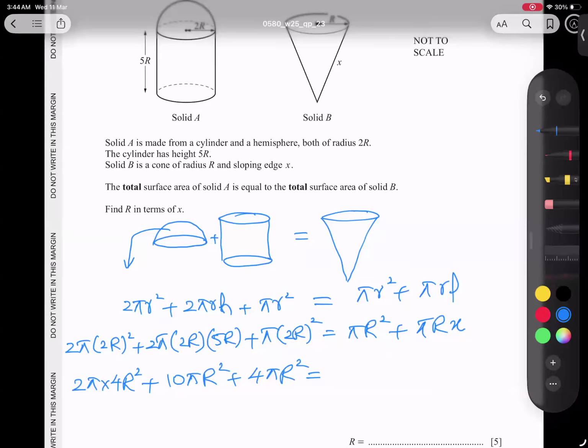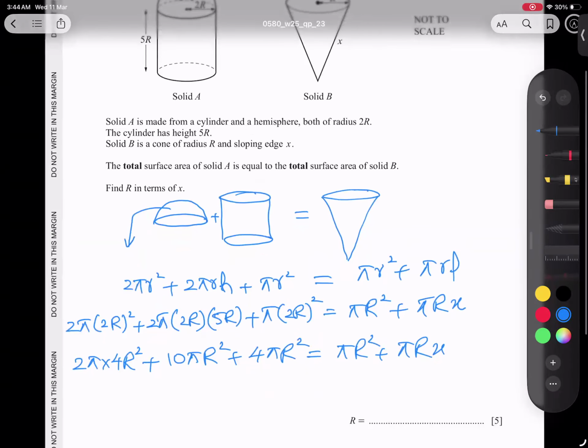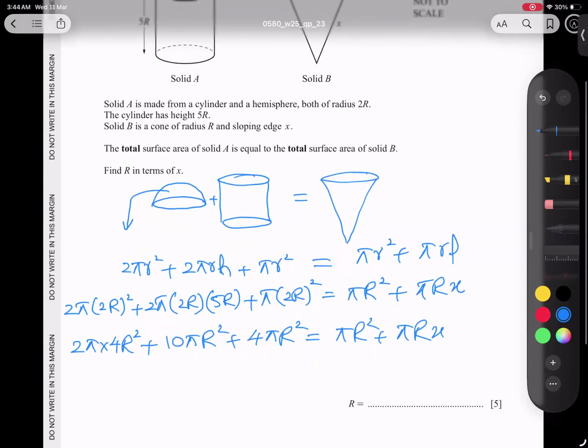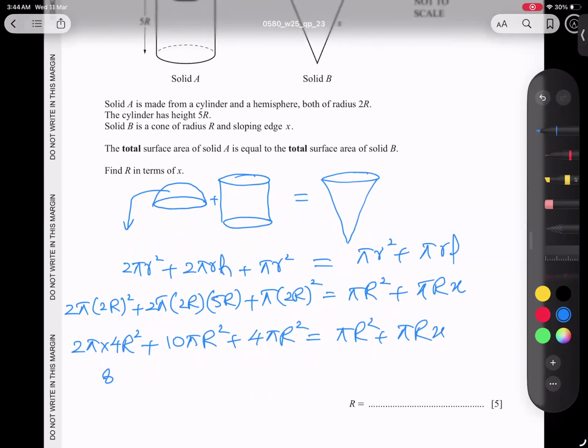Yes, okay. Pi R square plus pi R x. All right. Now what is the condition here? 2 4s are 8, 8 pi r square, 20 pi r square, 4 pi r square on the left, and pi r square plus pi R x on the right.